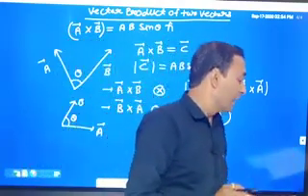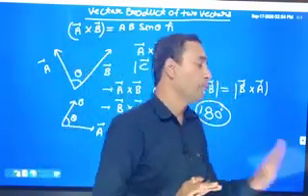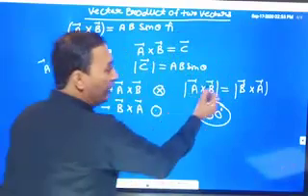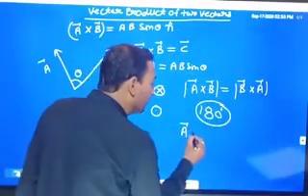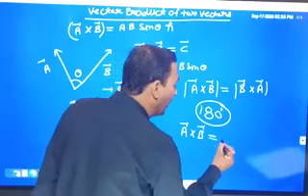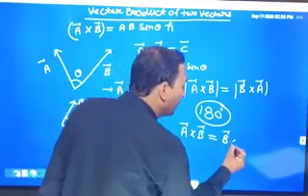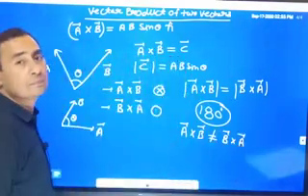Okay, so direction of A cross B and B cross A are opposite to each other. Okay, so magnitude of these are same, but we cannot write this A vector cross B vector and B vector cross A vector are equal.